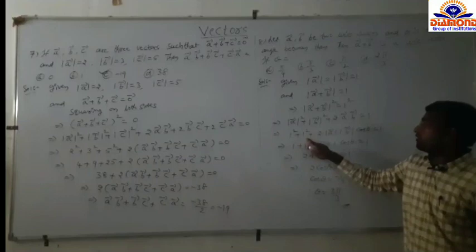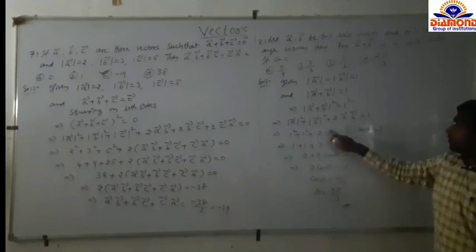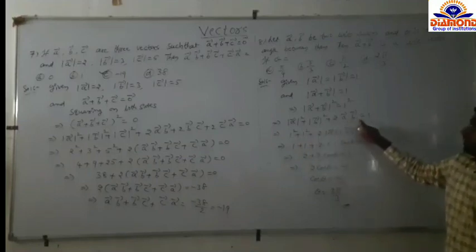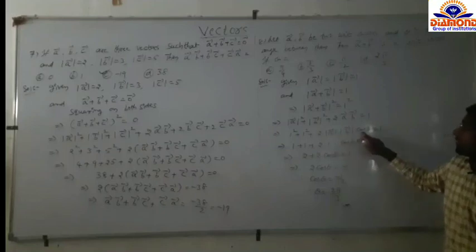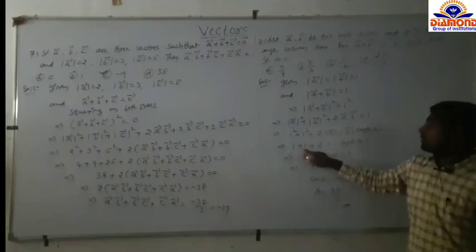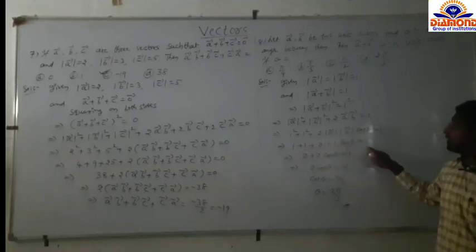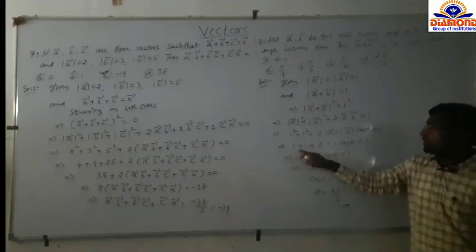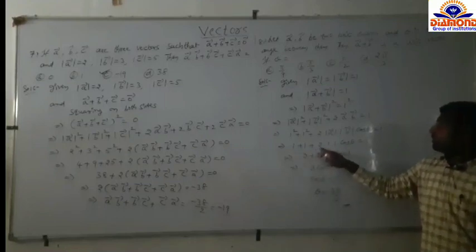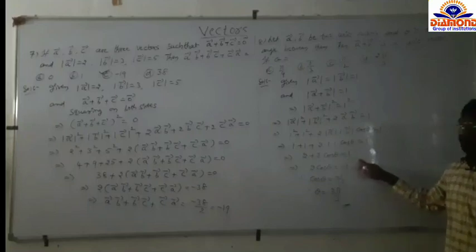So 1 square + 1 square + 2 into a·b, whose formula is |a||b|cos theta, equals 1. So 1 + 1 is 2, plus 2 into 1 cos theta, is 2 cos theta equals 1.